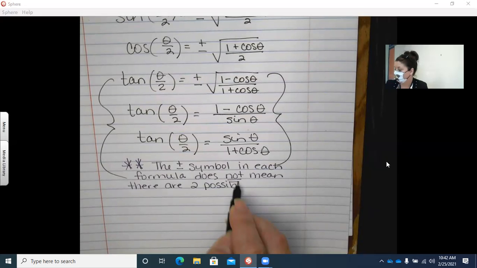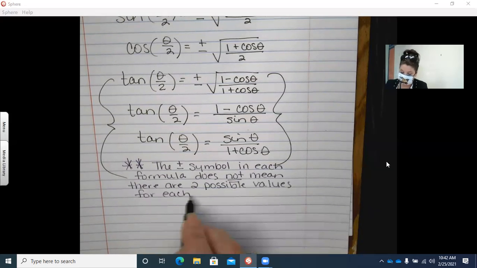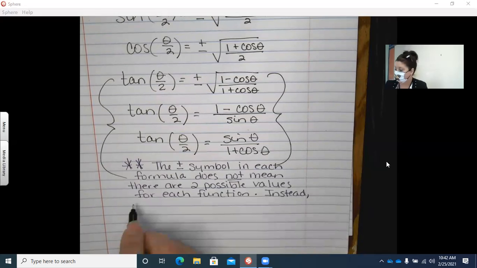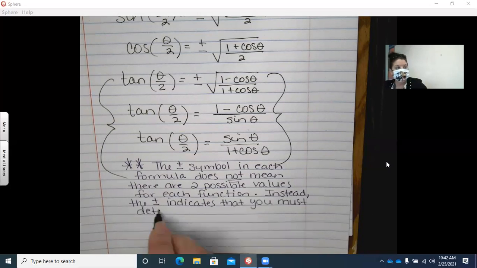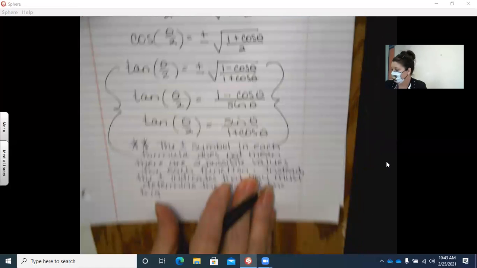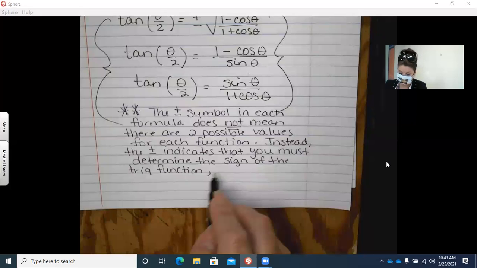Instead, the positive and negative indicates that you must determine the sign, S-I-G-N, of the trig function, be it positive or negative, based on the quadrant in which the half angle theta divided by 2 lies.